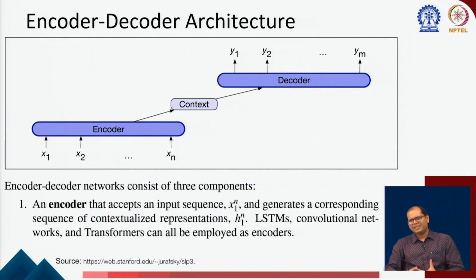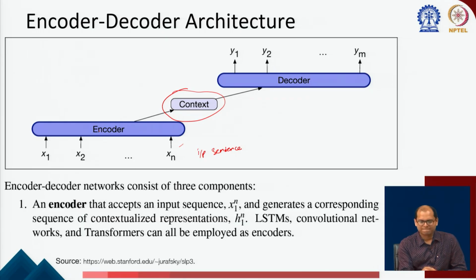So, what is the architecture? Architecture wise, you would see it's not too much of innovation. You can see it as a combination of, say, text classification and language modeling. Like what we did in text classification, we took a sentence and created a representation, right. So, this is what we are calling the context. So, you take the input sentence, feed into RNN encoder, and you create a context that is nothing but a representation of the input.